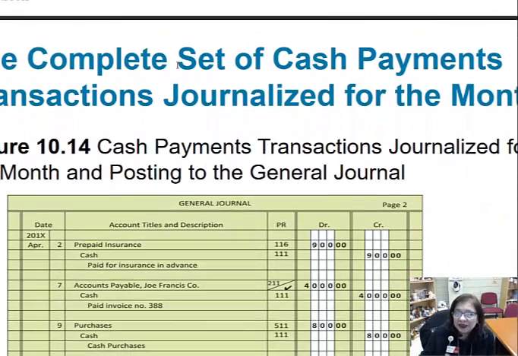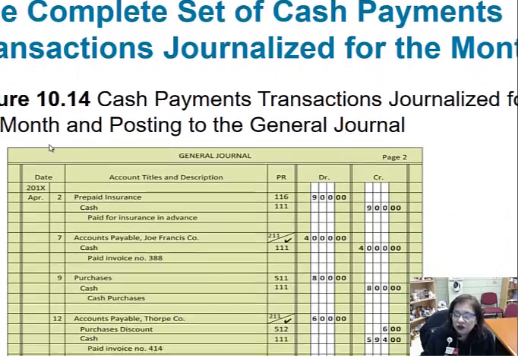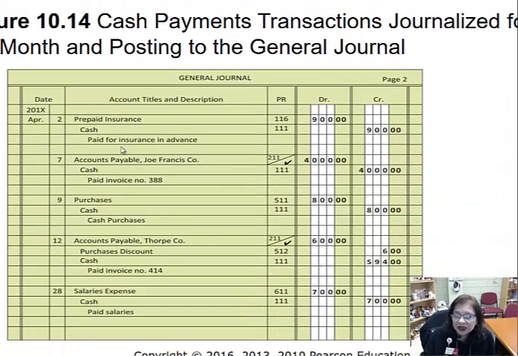So that's how we journalize the April 12th transaction. To complete a set of cash payments for the journalized transactions for the month, this is what we would show. Now, we're showing that we are paying prepaid insurance. We're paying it in advance.